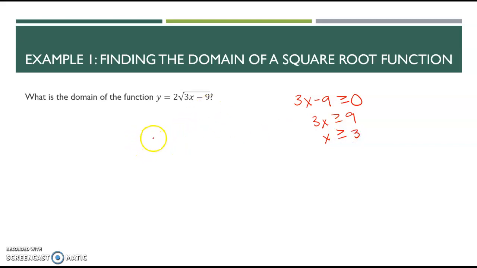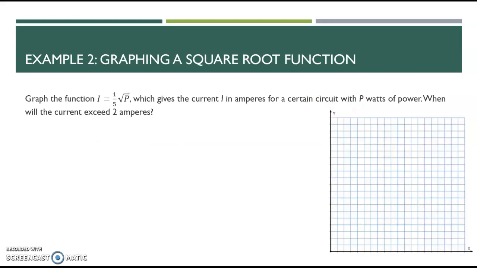And so for this one, our domain has to be greater than or equal to 3. Anything less than 3 will make the radicand negative, which will make it unable to have real solutions and therefore not part of our graph. So domain has to keep the inside of our radical nonnegative.